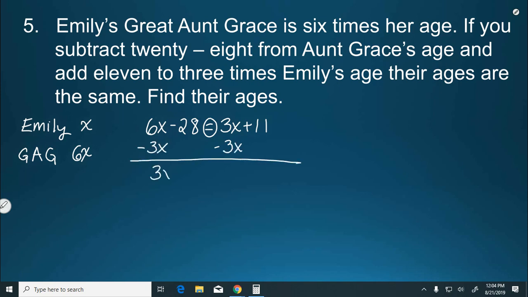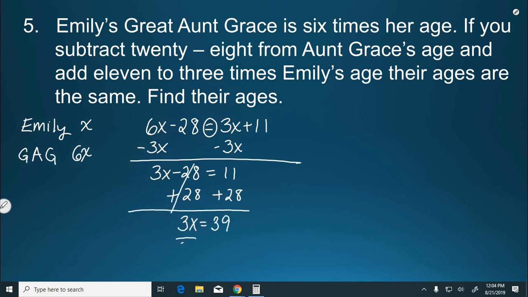Therefore, 3x minus 28 equals 11. Add 28 to both sides. 3x equals 39. Divide by 3. And x equals 13, since 3 goes into 3 once and 3 goes into 9 three times.